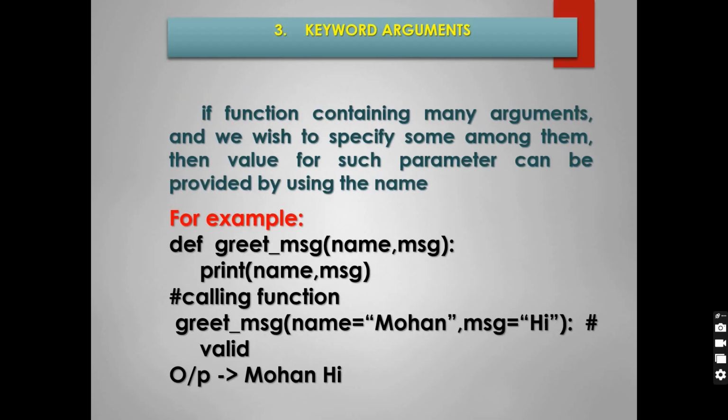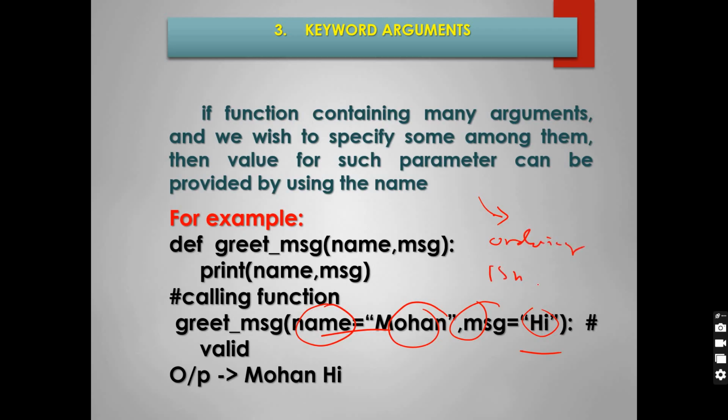What about keyword arguments? Here name is equal to Mohan, message is equal to hi. So now we are making use of the name as well as the argument. These are the formal parameters, name, and the actual argument. This is how we combine both. Here the ordering is not important, you can interchange.